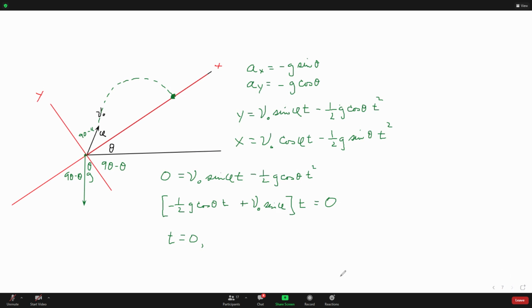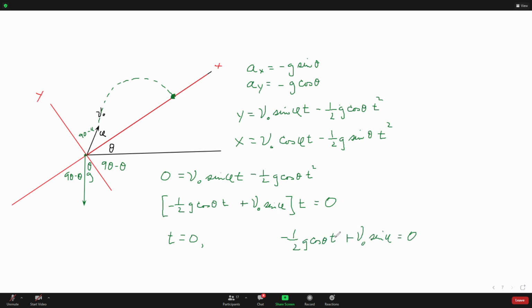All right. Okay, the solution is the solution of minus 1/2 g cosine theta t plus v0 sine phi equals 0. Because either t is 0 or this thing is 0 to make 0.